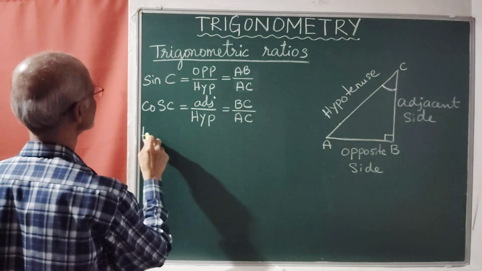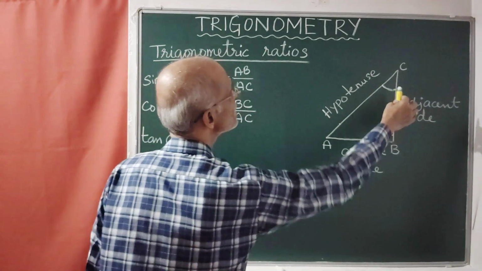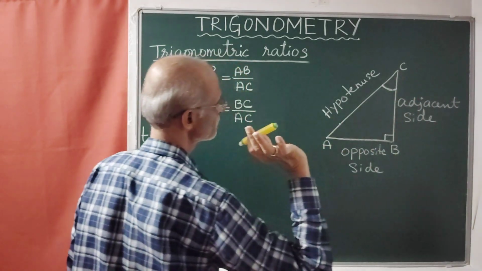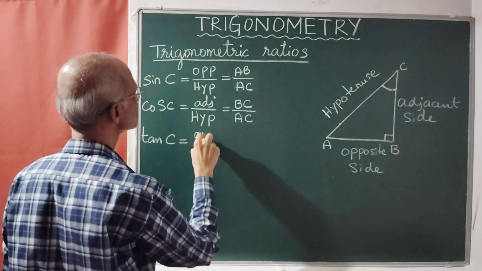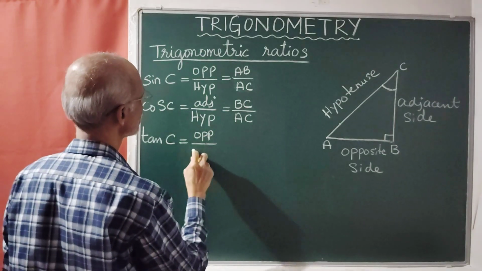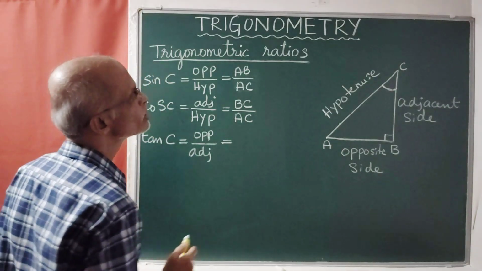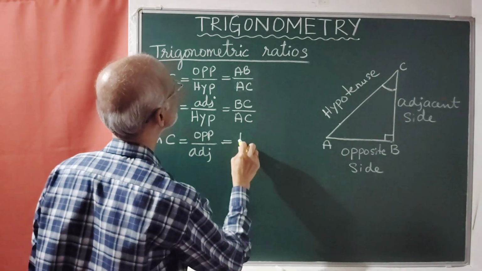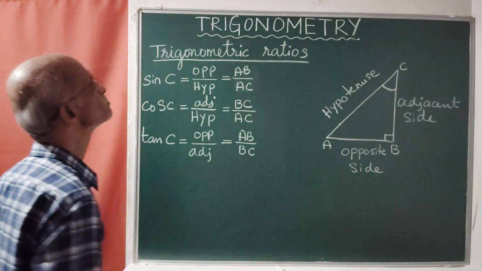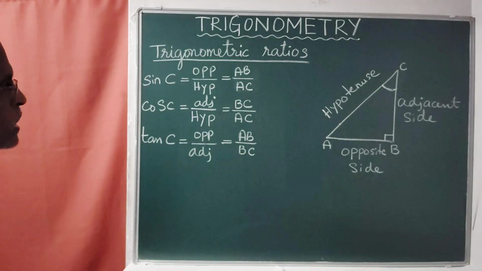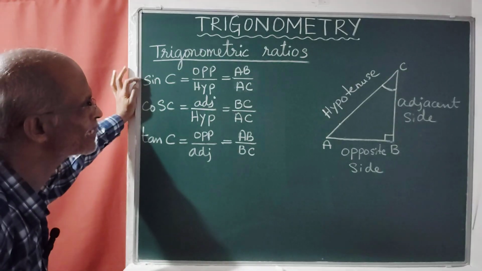Tan C. Tan C is equal to opposite by adjacent, so it is AB by BC. To recap: for sin C, it is opposite by hypotenuse, that is AB by AC.